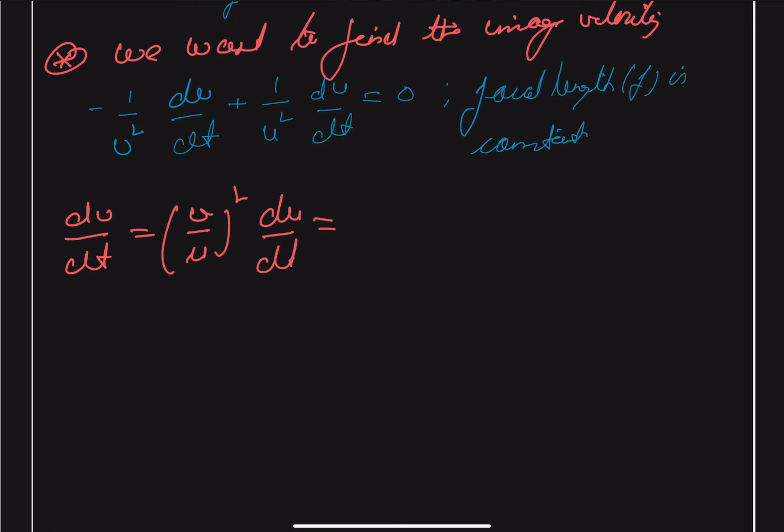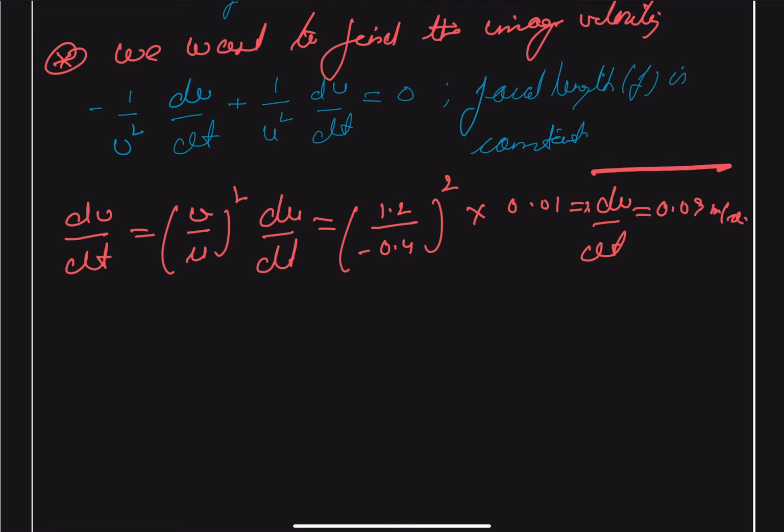Our v we just found out as 1.2, and u is minus 0.4 and its whole square, and du by dt is given as rate of change of the velocity for the object, which is 0.01. So this gives us that our dv by dt will be 0.09 meter per second.